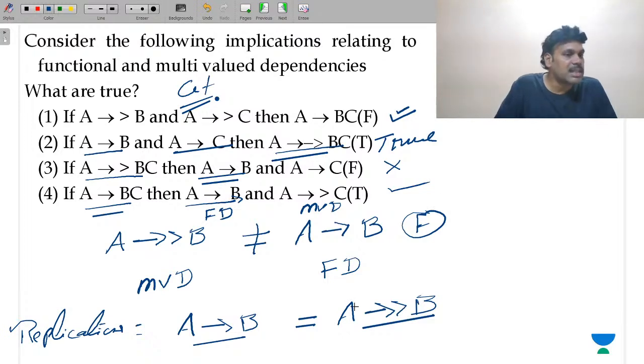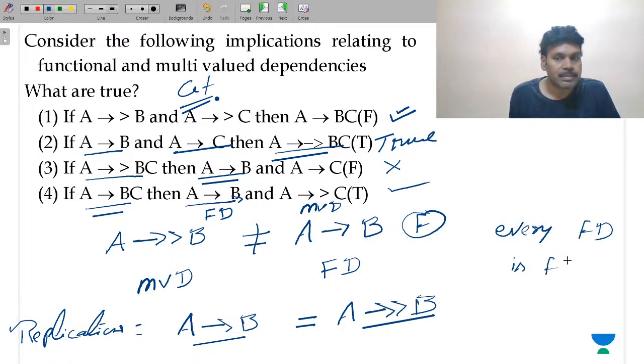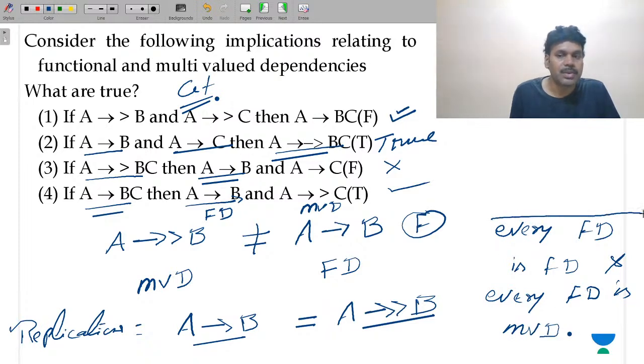Because every FD is an FD and every FD is an MVD. So using this rule, we confirm that the fourth is also correct.